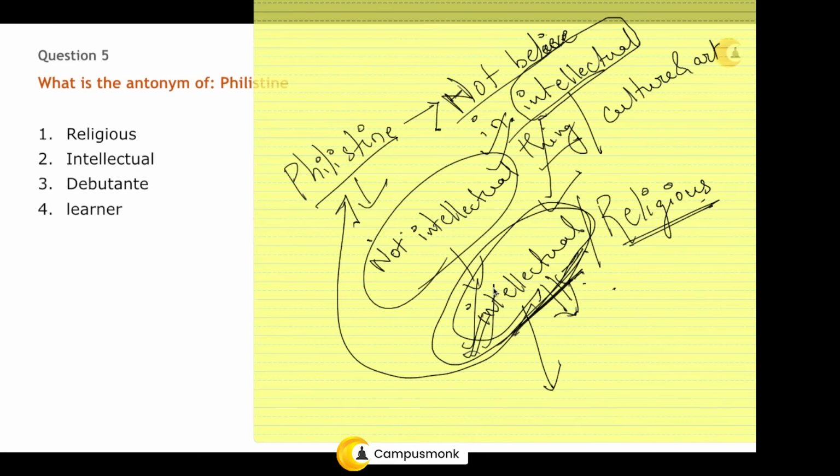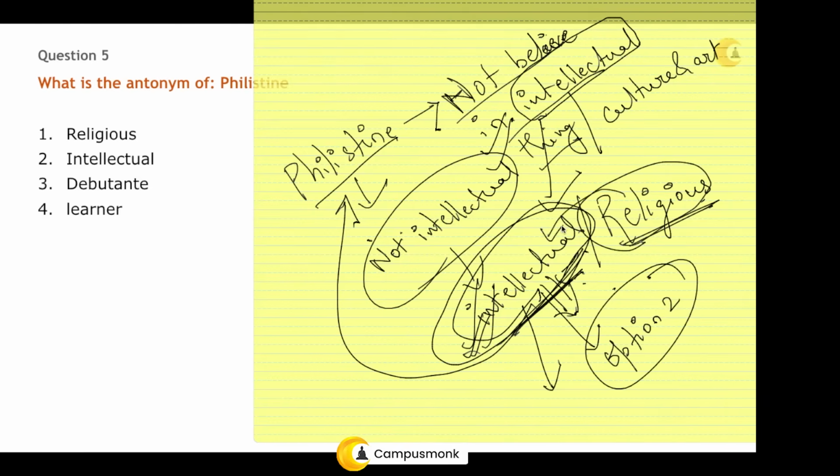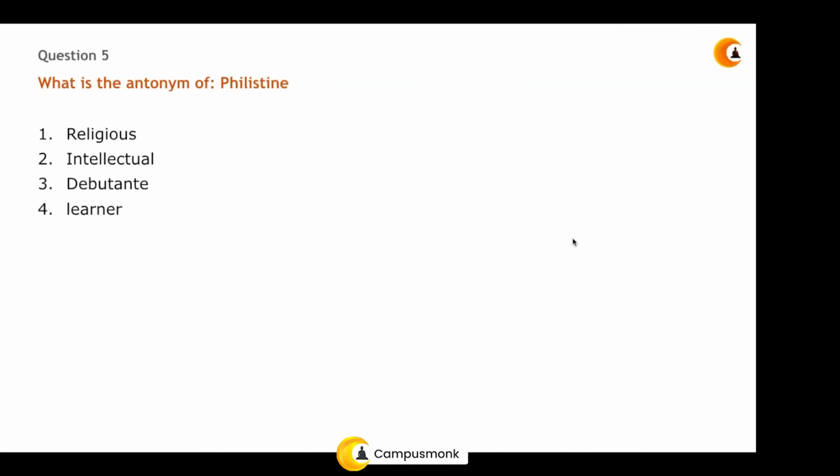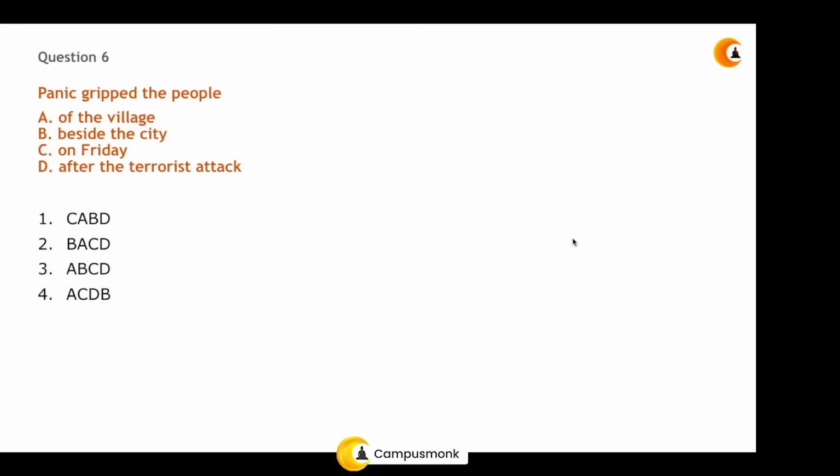Because religious becomes secondary to its meaning, okay? So intellectual is there in your option, so you're going to choose that, and your answer is in option number 2. Okay. Religious is kind of a same meaning as that of an intellectual man. Okay, but more apt would be intellectual. All right. Okay. So moving on to the next question.